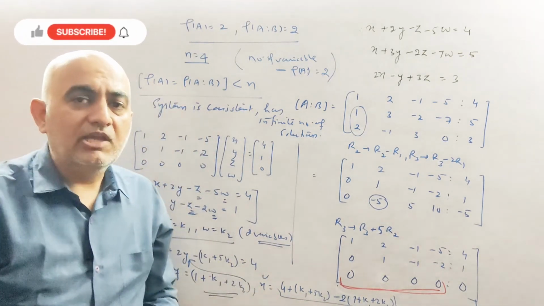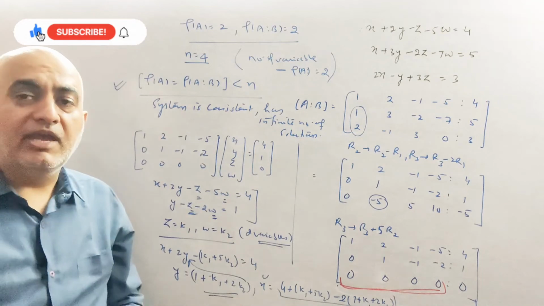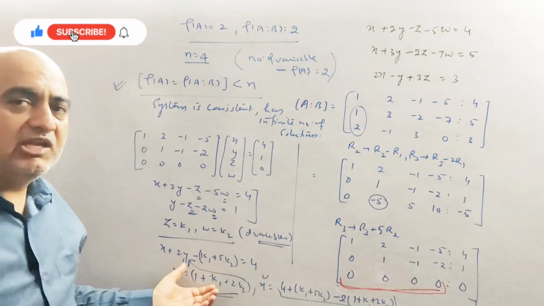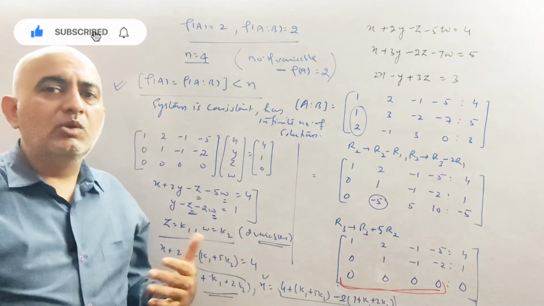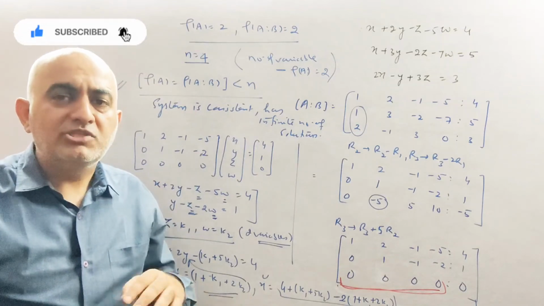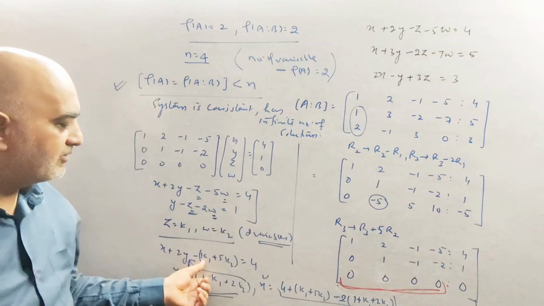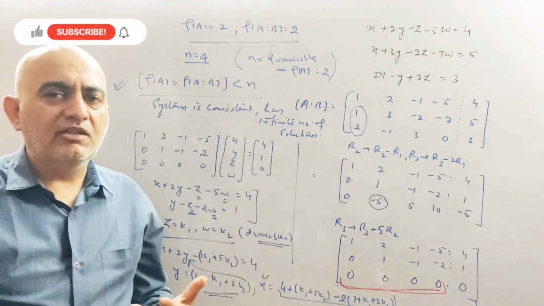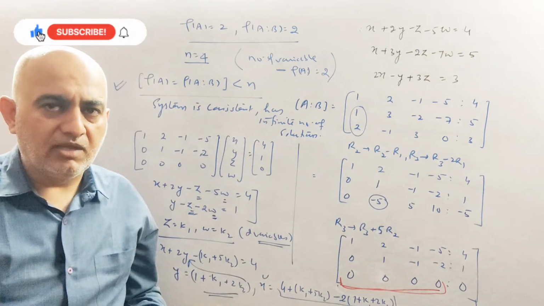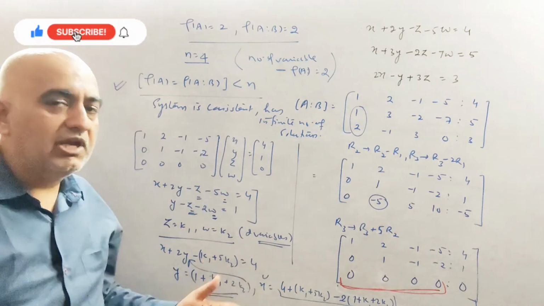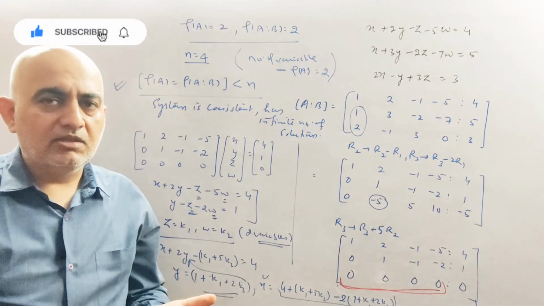So in this way we can find the values of x, y, z and w, but you have to change the values of k1 and k2 again and again. Suppose you take k1 as 1 and k2 as 2, we get different values of x, y, z and w. If you take k1 as 0 and k2 as 0, then we get another value.